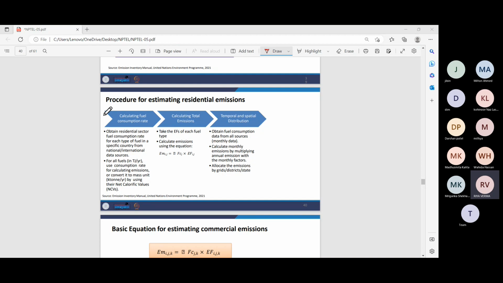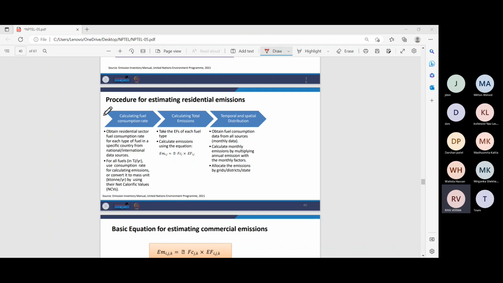Firstly, we obtain the details of what kind of fuel is used for a specific region or country, or any particular area. We obtain the fuel consumption rate for each type of fuel in a specific region, and then to calculate the emissions, we need to convert it into the mass unit.